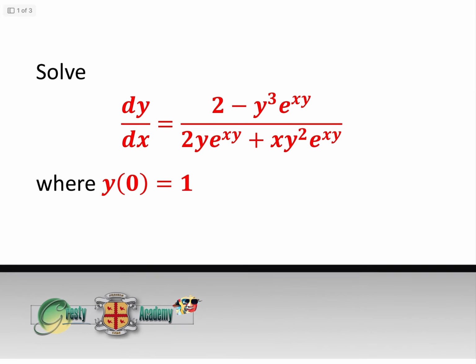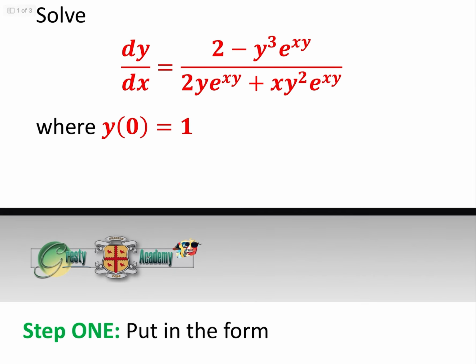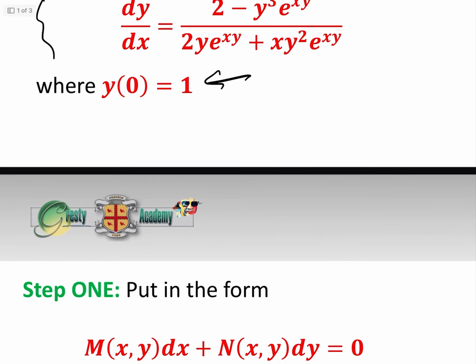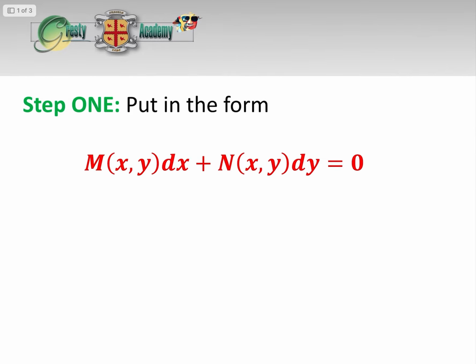So here is the actual question. We have to solve this rather horrific looking thing, and we have an initial condition here. Step one, the first thing we need to do is put it in the form of M(x,y) dx add N(x,y) dy equals 0.